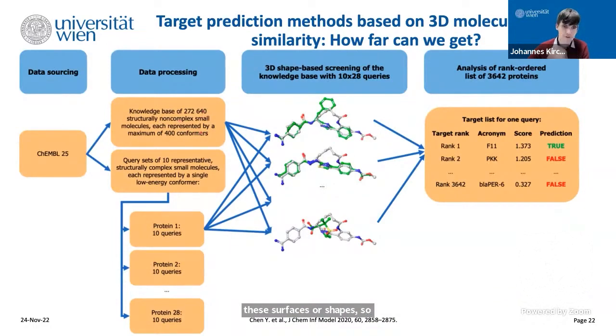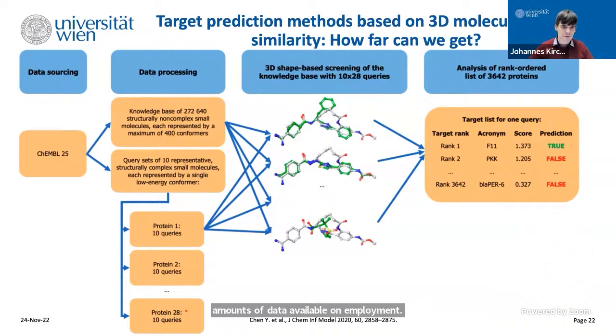We tested this approach on 28 selected proteins. These targets were selected with something in mind: we wanted to cover the pharmaceutically relevant target space. So we want diverse proteins, but we also want proteins that have substantial amounts of data available on, in particular, these complex types of molecules.